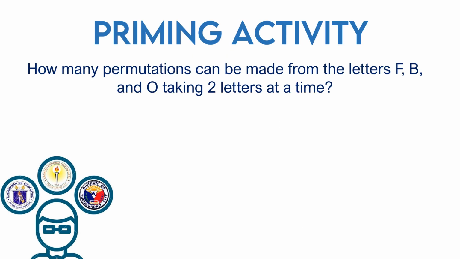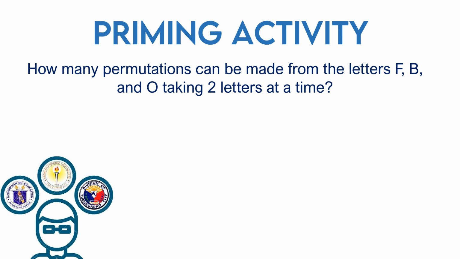Now, let's try to look at this problem. How many permutations can be made from the letters F, B, and O, taking two letters at a time? When we talk about permutation, that's permutation of 3 taken 2 at a time. So that's P(3,2).